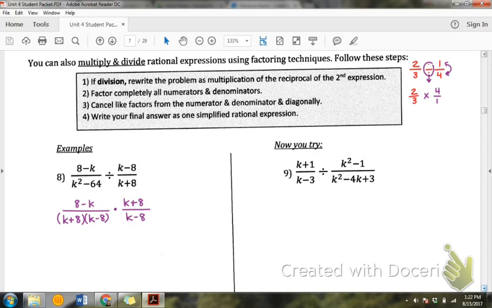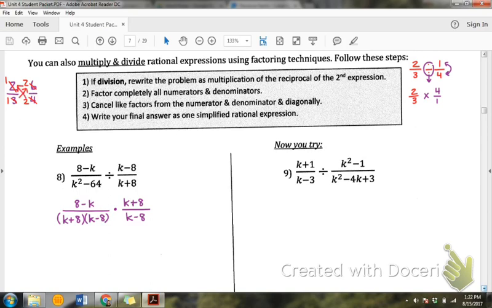So let's recall back really quickly to basic math. If you have 2/3 times 6/4, do you remember you can do this? Do you remember doing that? Cross canceling, okay? What you can do is go across diagonally and cancel.